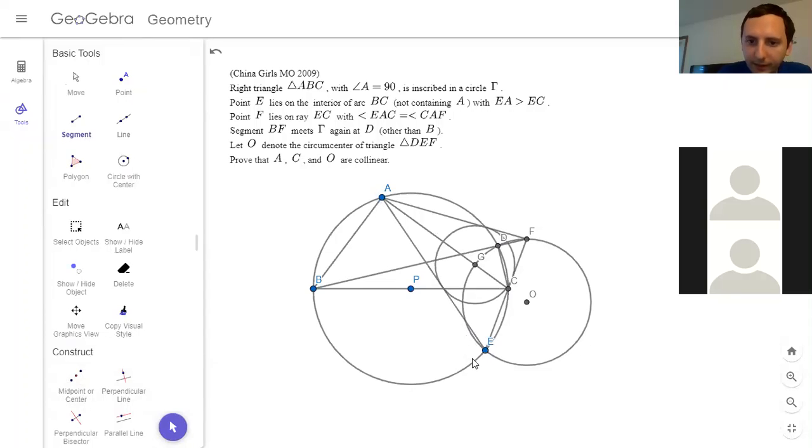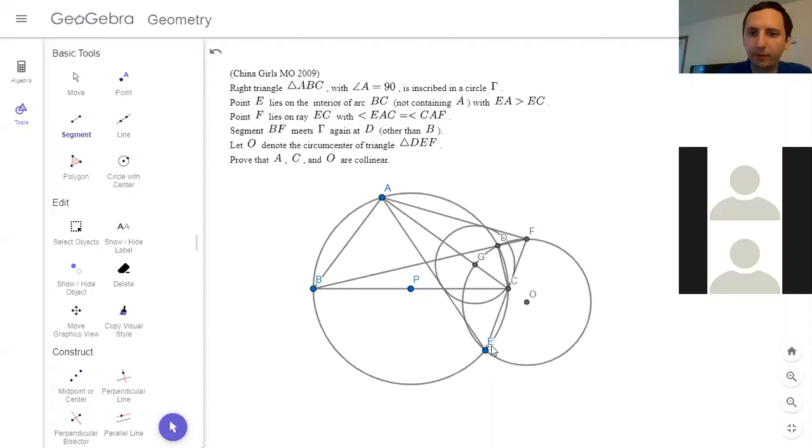So CDE is CAE, which is CAF. Yeah, so FDE is 90 plus half of A, and FGE is 90 plus half of A. And so based on that, we can calculate angle FOE.